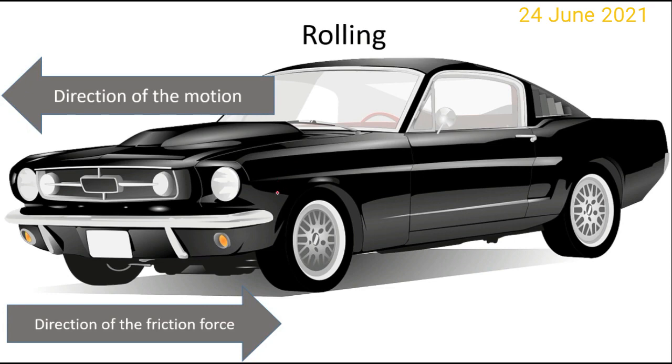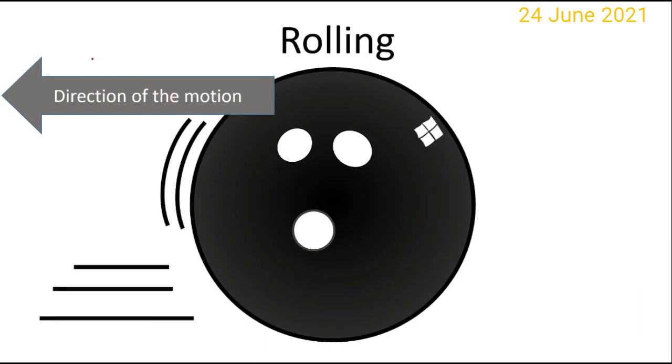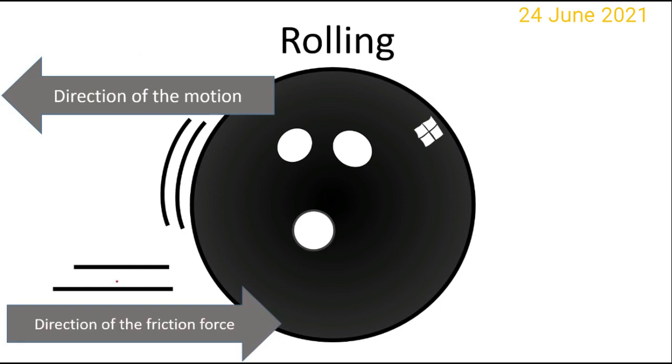Right? One ball rolls, and if it goes front, and if the direction of the motion is shown this way, then tell me what is the direction of the friction? Again, it has to be the opposite of direction of motion. Right?